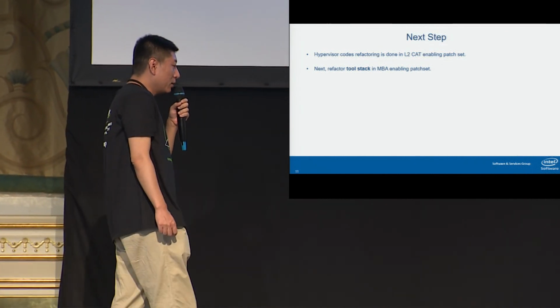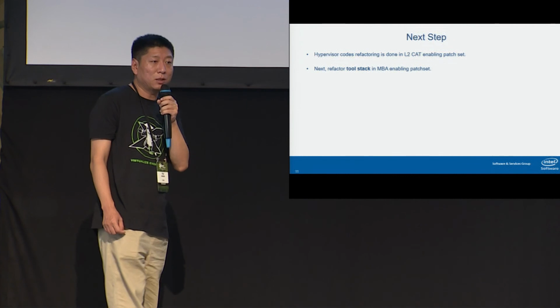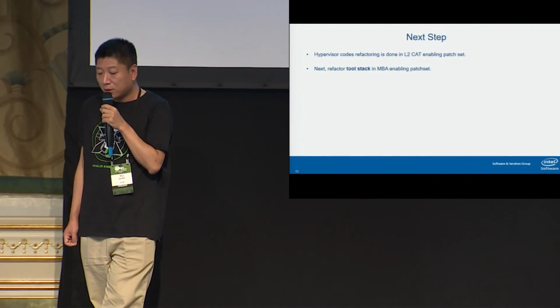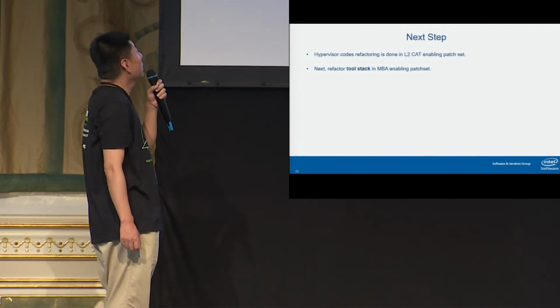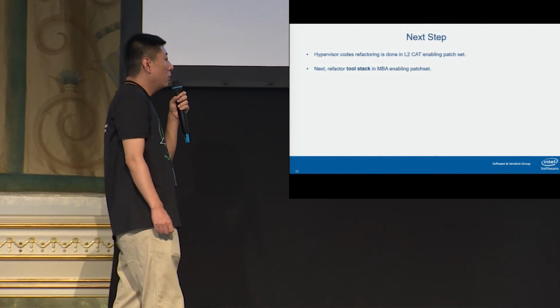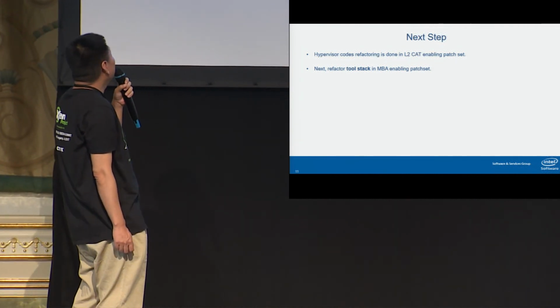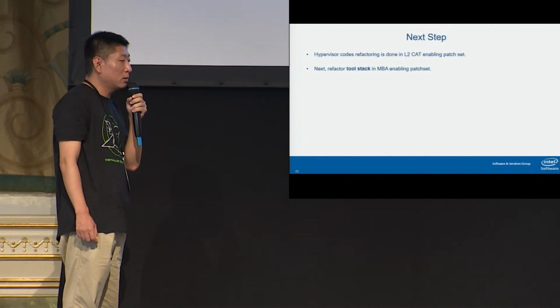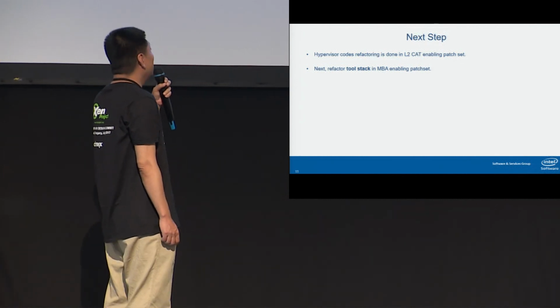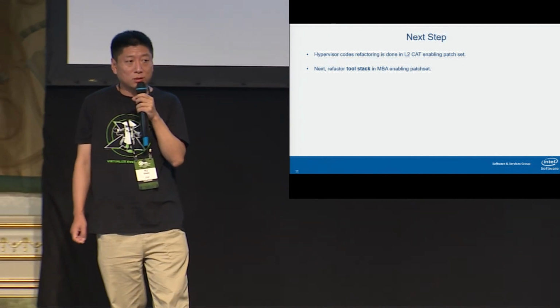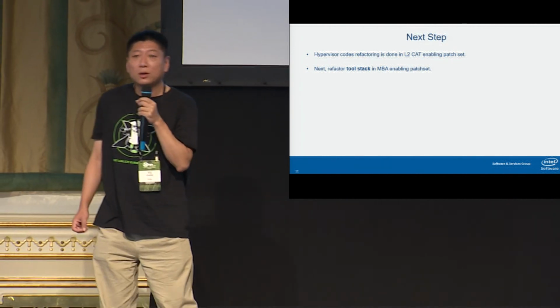We can expect these patches to be accepted in the near future. Next, we are going to support the MBA, and we'd like to refactor the toolstack to make the interfaces more generic, and supposedly we will send out the patches very soon.